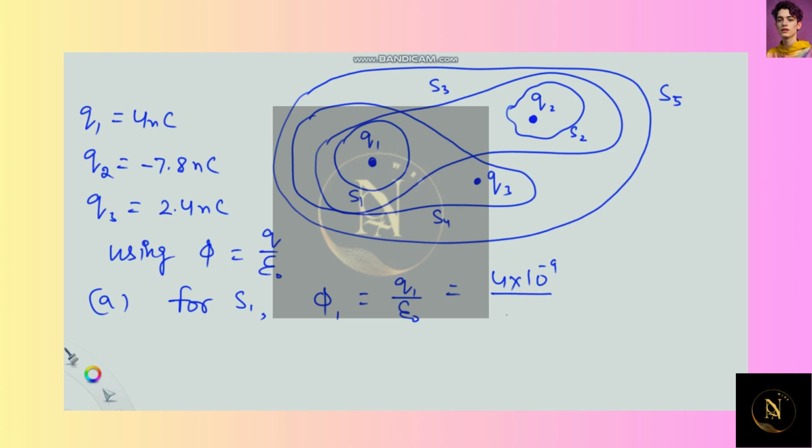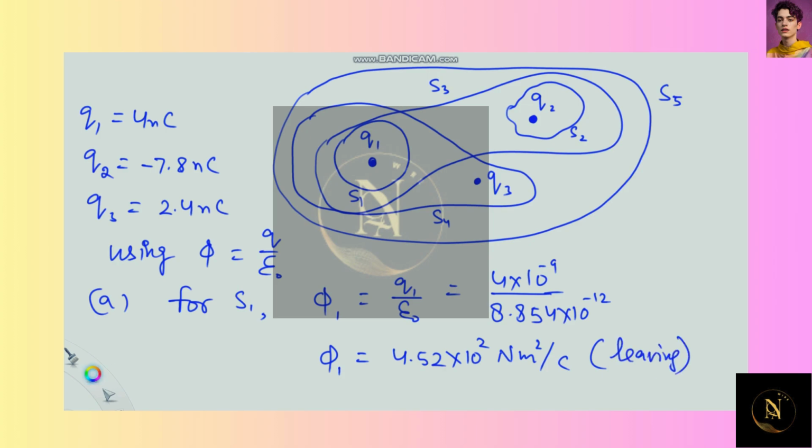Epsilon naught, the permittivity of free space, has a value 8.854 into 10 to the power minus 12. So phi 1 is calculated to be plus 4.52 into 10 raised to the power 2 Newton meter square per coulomb, and positive means the flux will be leaving the closed surface. Answer for the first part of this given problem.